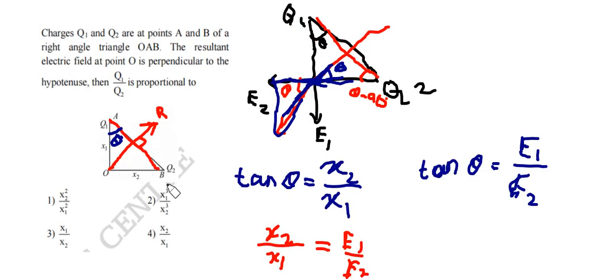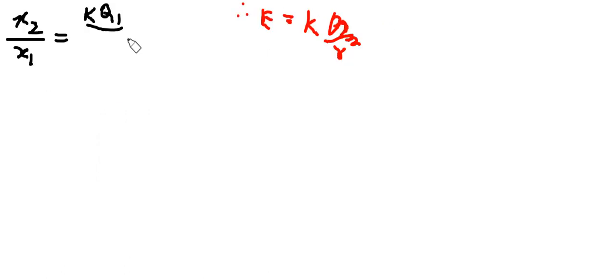Okay, yes, this is E1, and this is x1, so x1 square. Then this is divided by E2.